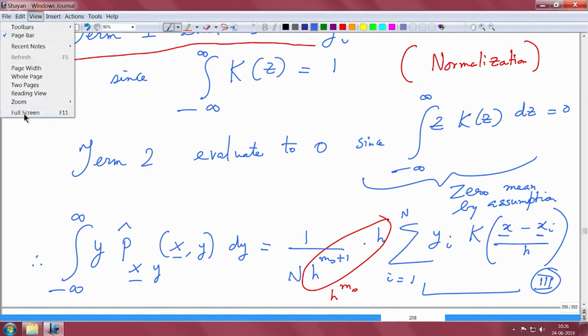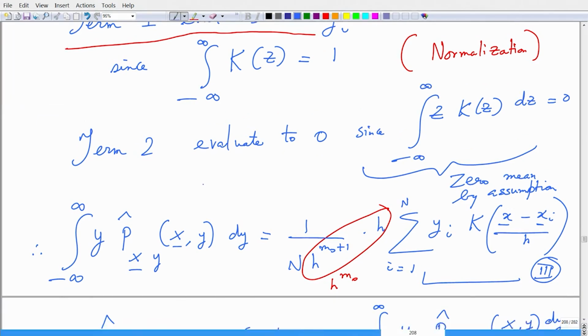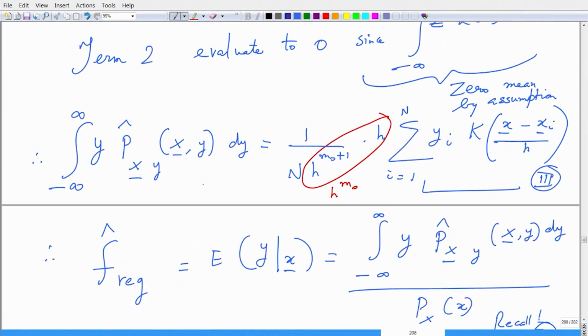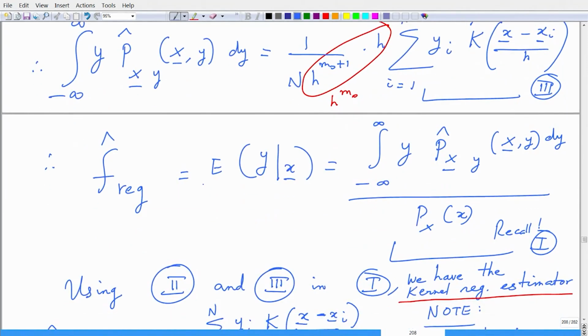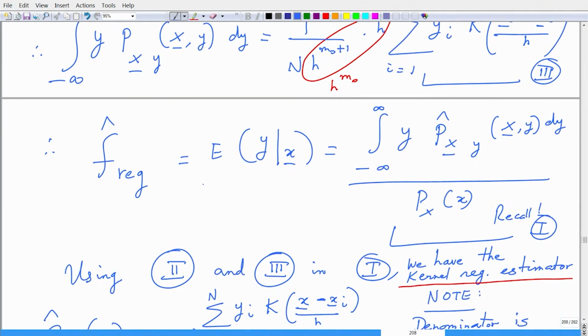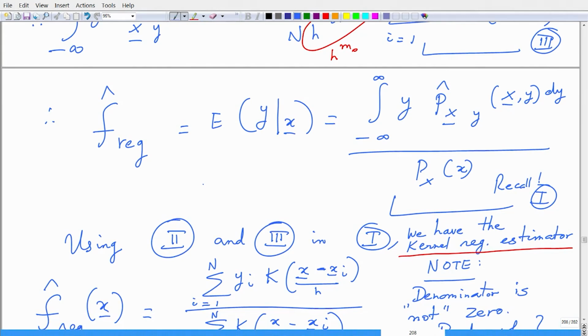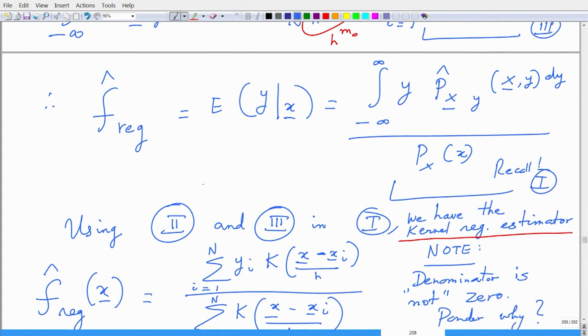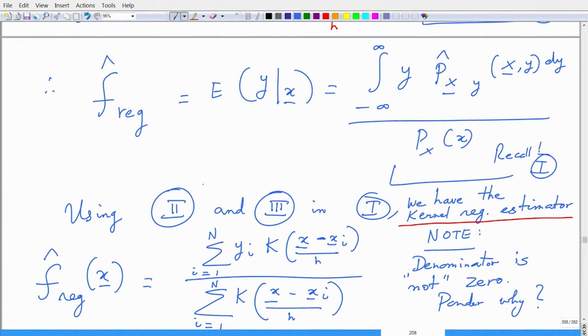Okay. Now, we are almost there. Our regression function, which is evaluated as the expected value of y given x, which is the conditional mean, can be simplified in this form, right.